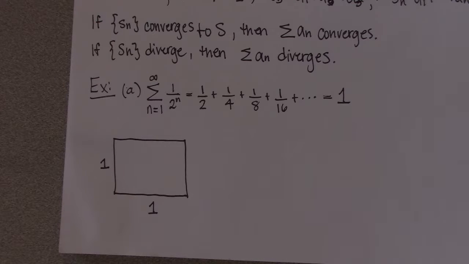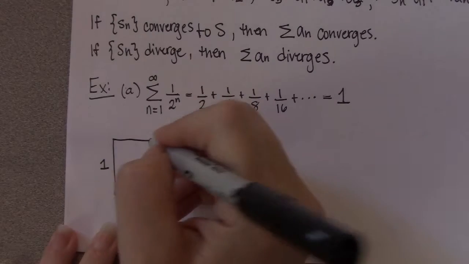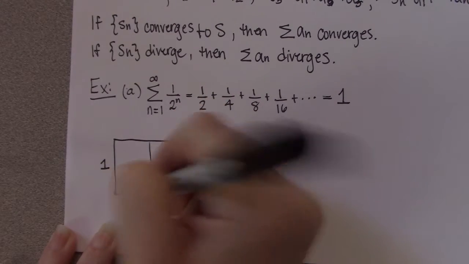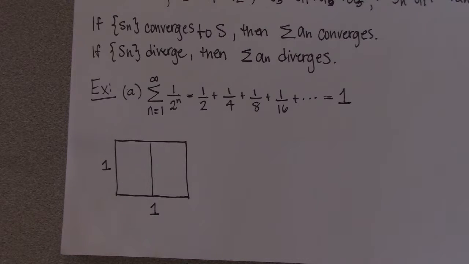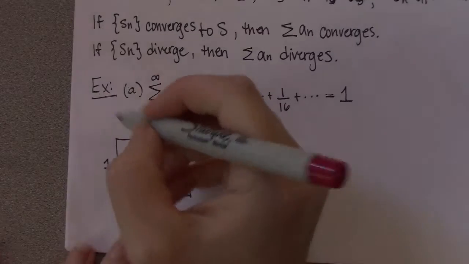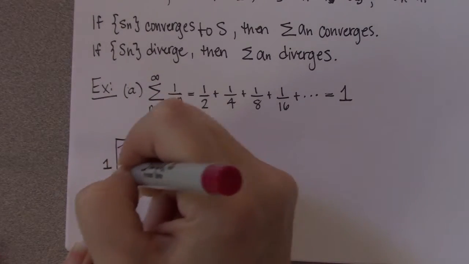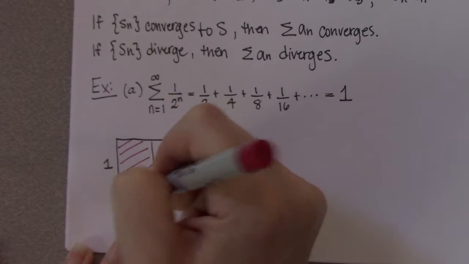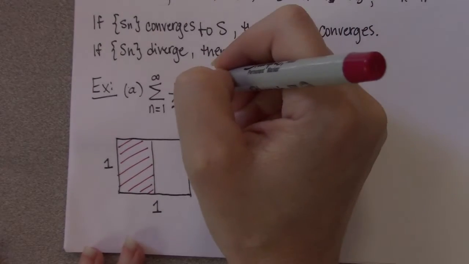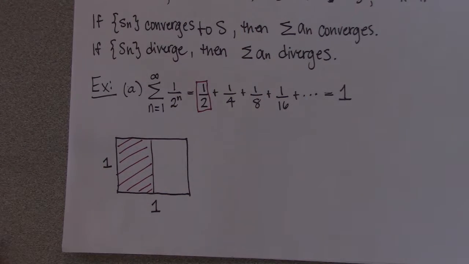So one of the ways we can see that is let's look at a 1 by 1 square, right? If I want half of this area, well, there's my 1/2.